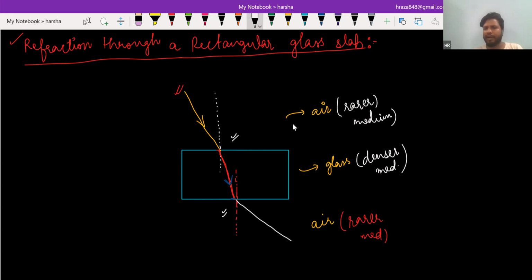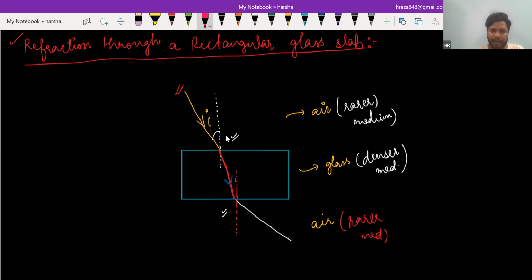And what I want to tell you is that in the reflection part, we saw angle of incidence. Angle of incidence is what? Sorry, the angle between incident ray and normal is called angle of incidence. In the same way, here we have I. What does this I mean? I means basically angle between incident ray and normal.